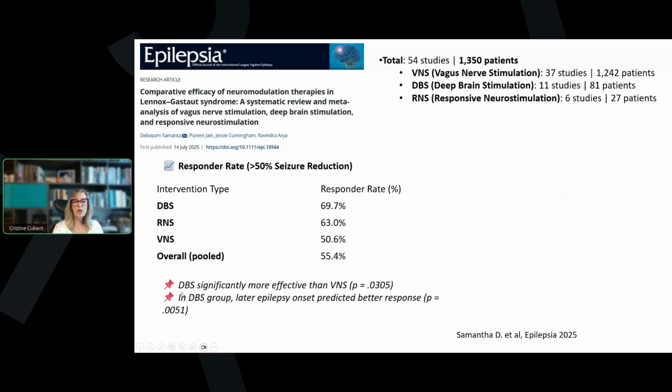They show that the DBS is significantly more effective than the VNS, and in the DBS group, later epilepsy onset predicted better response. We also have to think that for VNS, we have many more patients than for DBS and RNS. This is very important to think about.